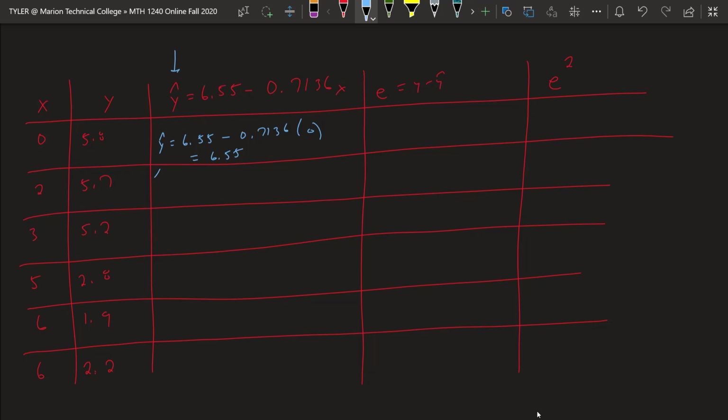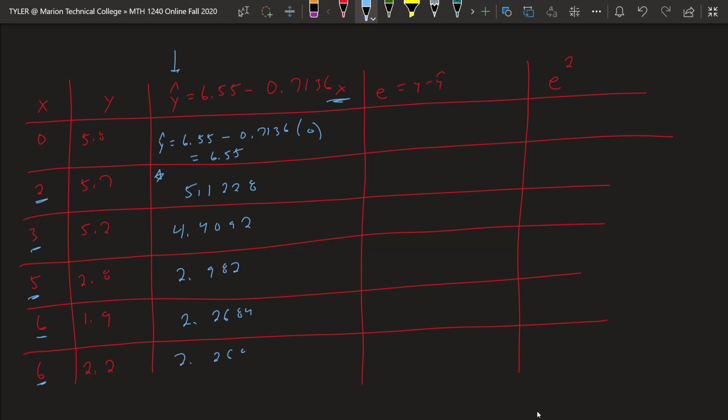Then for this next box, I'm going to plug in 2 for x, and to save time, you would get 5.1228. If I plug in 3 into that function, you get 4.4092, and if you plug in 5, you get 2.982, and then the last two have the same x value, so if I plug in 6, you'll get 2.2684 for both of these.